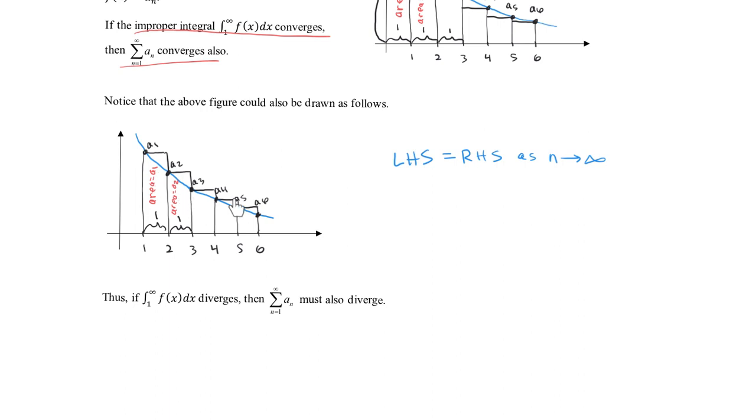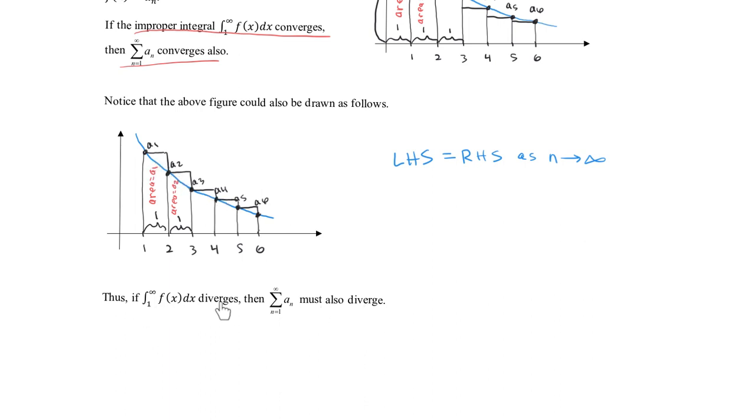But now if you look at this picture, you can see something else. We can also see that if this integral from 1 to infinity of f of x diverges, so if the area underneath this curve is infinite, then definitely this area of all these rectangles added up will also be infinite.